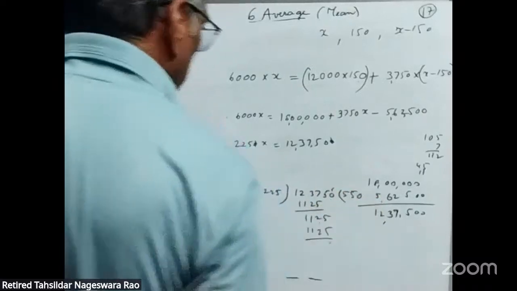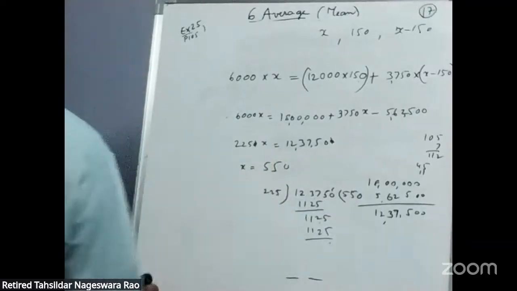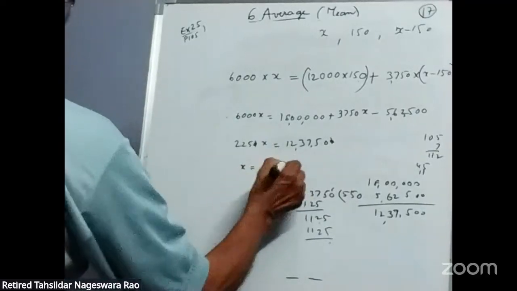So x will be 550. x, the 550, is the total workers.